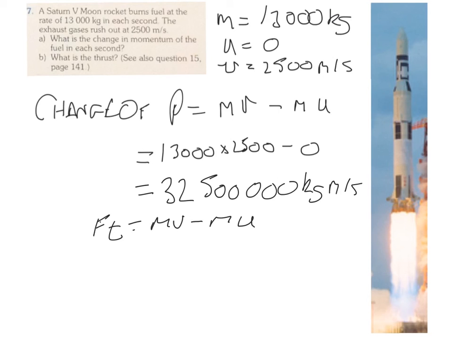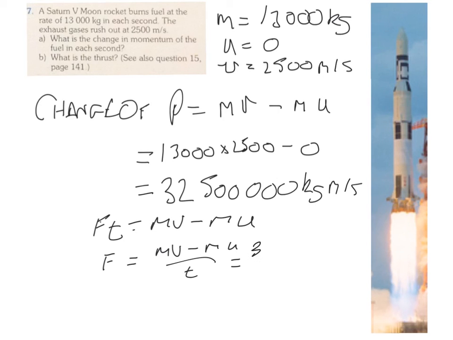So that figure we've got is mv minus mu. We can get the thrust by dividing mv minus mu by the time. And the time for this to happen was a second. This is how much mass was thrown out in 1 second.